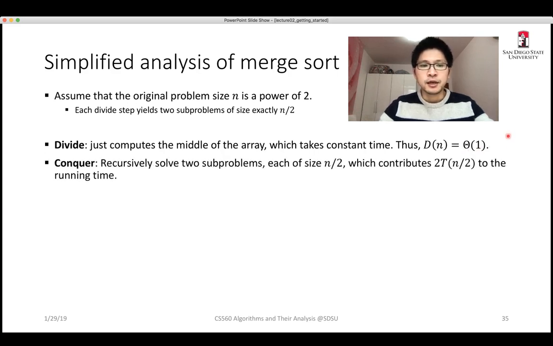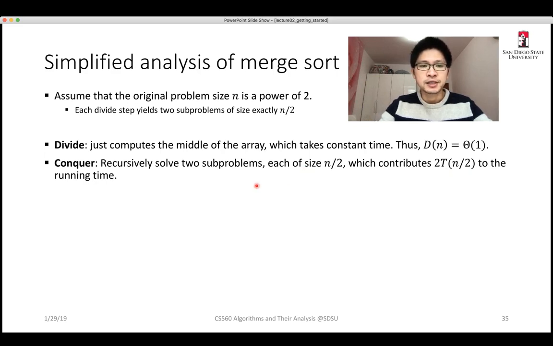And in the conquer step, because we recursively solve 2 subproblems, and each of them is of size n over 2, therefore, a is 2 and b is also 2. Therefore, the subproblems can be written as 2 times T of n over 2.